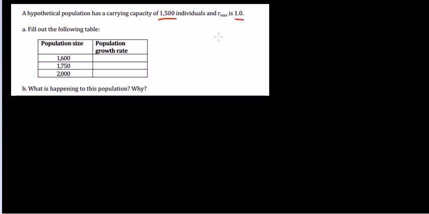For solving any growth rate problem containing carrying capacity and R max, there is one particular formula, and that formula is for logistic growth. Remember, logistic growth. Why are we talking about logistic growth? Because that's the only type of growth that is generally possible in a population. There are two types of growth.